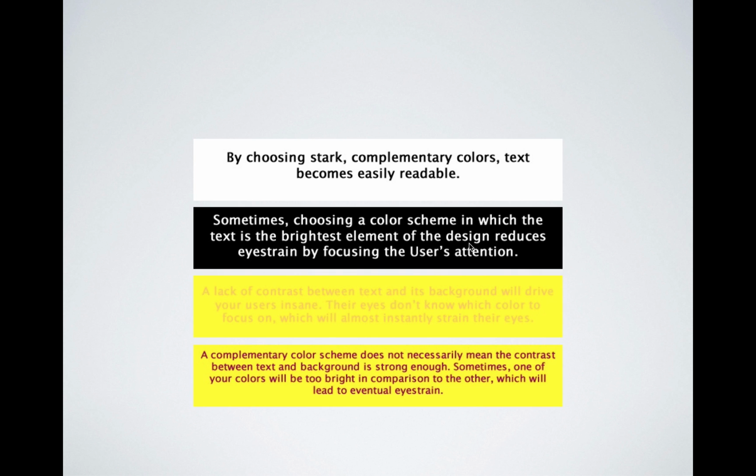Sometimes choosing a color scheme in which these text's brightest elemental design reduces eye strain by focusing on the user's attention. Now, this third one here has a lack of contrast between text and its background, so it's going to be kind of blurry and hard to see. The last one, a complementary color scheme, doesn't necessarily mean the contrast between the text and background is strong enough. Sometimes one of your colors will be too bright in comparison to the other, which will lead to eventual eye strain.